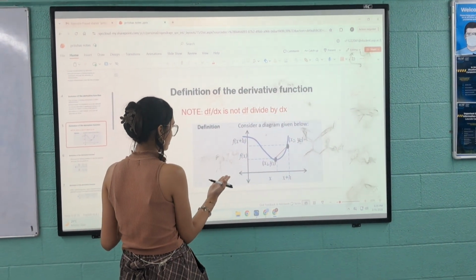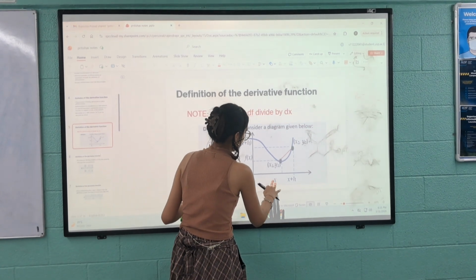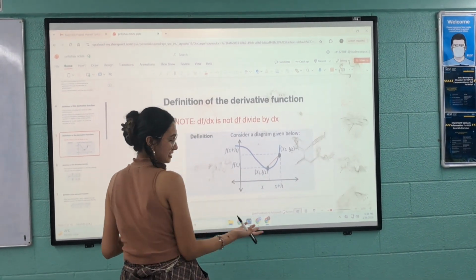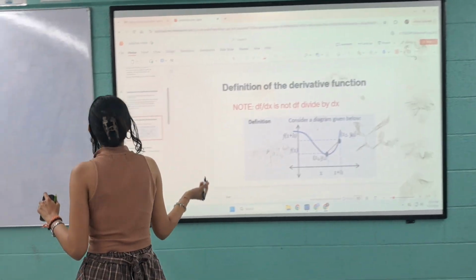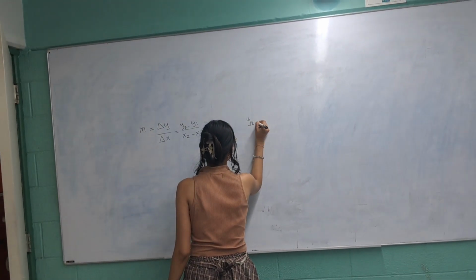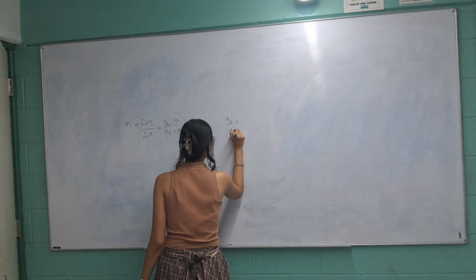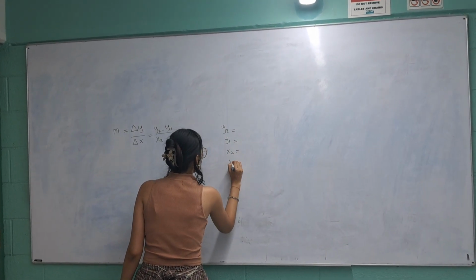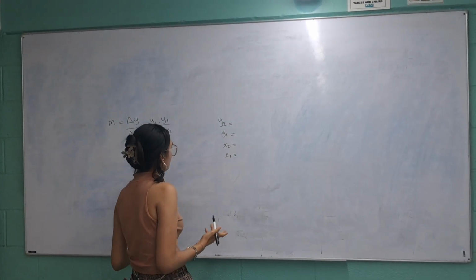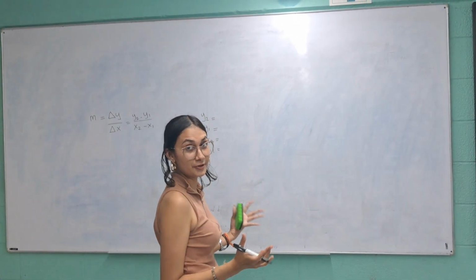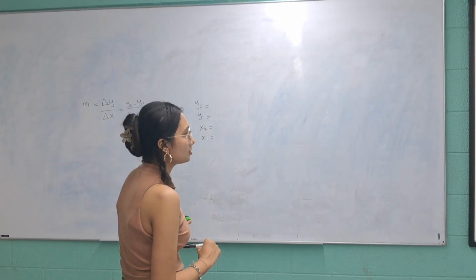While our x values, our x1 is x and our x2 is x plus h. It's always better to note down y2, y1, x2 and x1 values to avoid confusion.